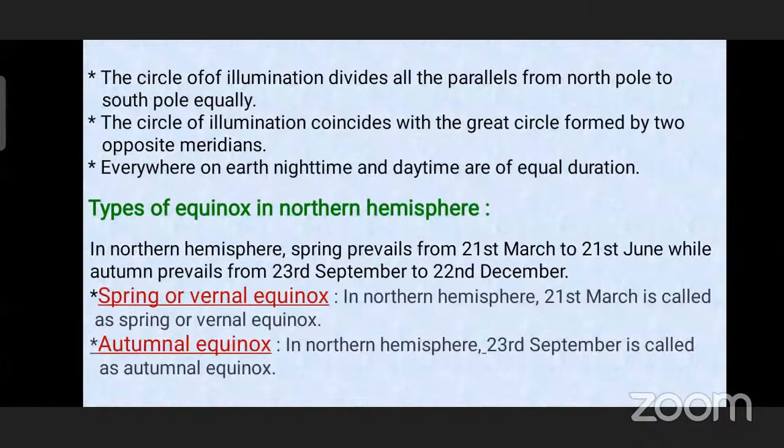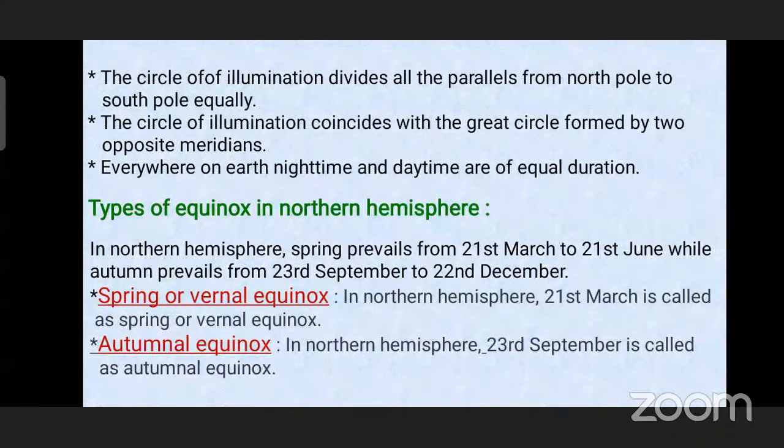Okay, Miss. So now what we have seen here, the circle of illumination divides all the parallels from North Pole to South Pole equally. That we have seen, all the parallels, in the last figure. So they are divided into equal parts, and the circle of illumination coincides with the great circle formed by two opposite meridians.